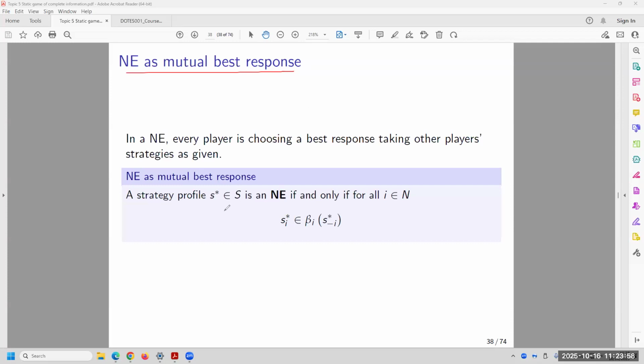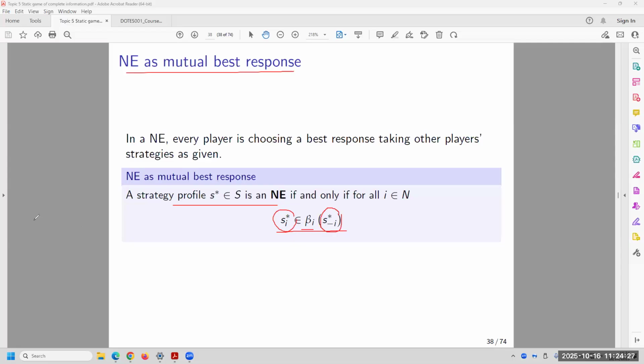So Nash equilibrium can be cleanly written this way. Given the other guy, my best response is what I'm choosing. Everyone is choosing the best given others. That is the idea of mutual best response. There's nothing new here.